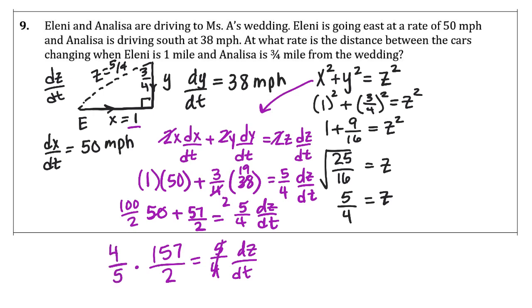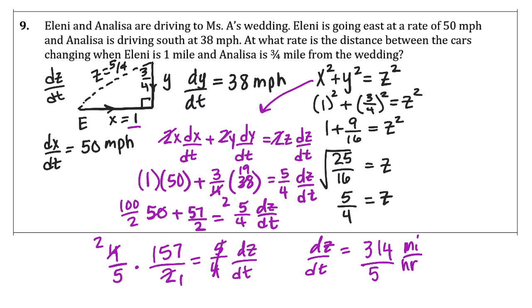So dz/dt is going to be equal to, if we multiply that out, 314 over 5. And that would be miles per hour.